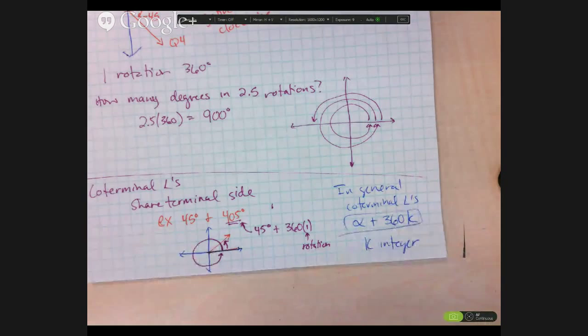Those coterminal angles follow that formula. So you take the original angle and add 360 times any integer. You remember the integers, right? Has your mind just been melted because you're a junior? I understand. So what was our integer in the example? No, that was alpha. 1 was the integer. Basically, it's the number of revolutions. It can go backwards or forwards.